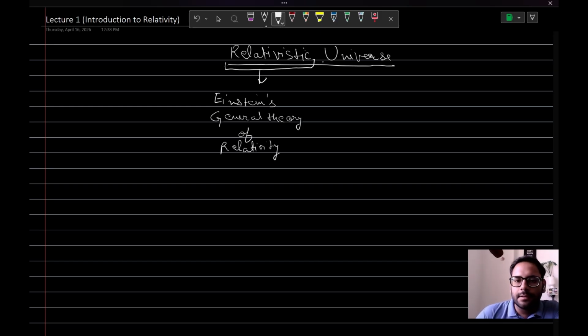And we take this universe, and it can be said that it is in four-dimensional space, which can be further split into 1 plus 3 dimensions, where this one represents our time and this three represents our spatial dimensions.